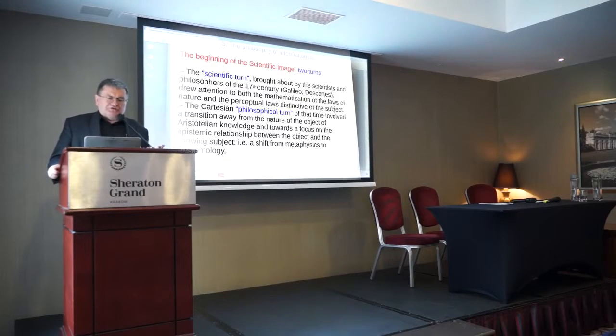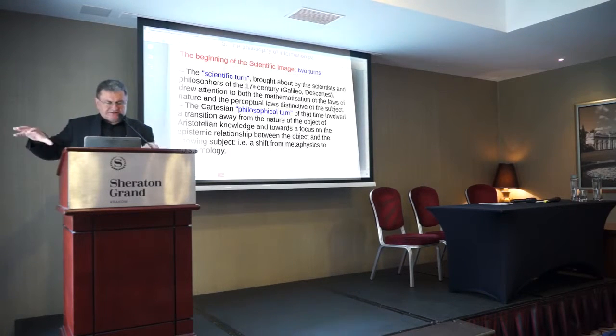The beginning of the scientific image, we could speak about several turns, because I spoke about the informational turns. The scientific turn was brought about by the scientists and philosophers in the 17th century. I spoke about this. This is the attention to the mathematization of the laws of nature and the perceptual laws distinct to the subject.